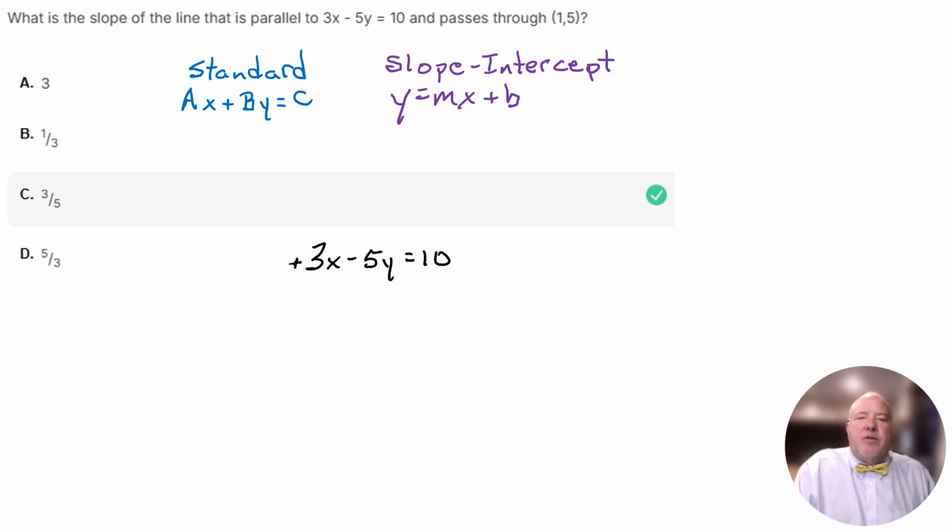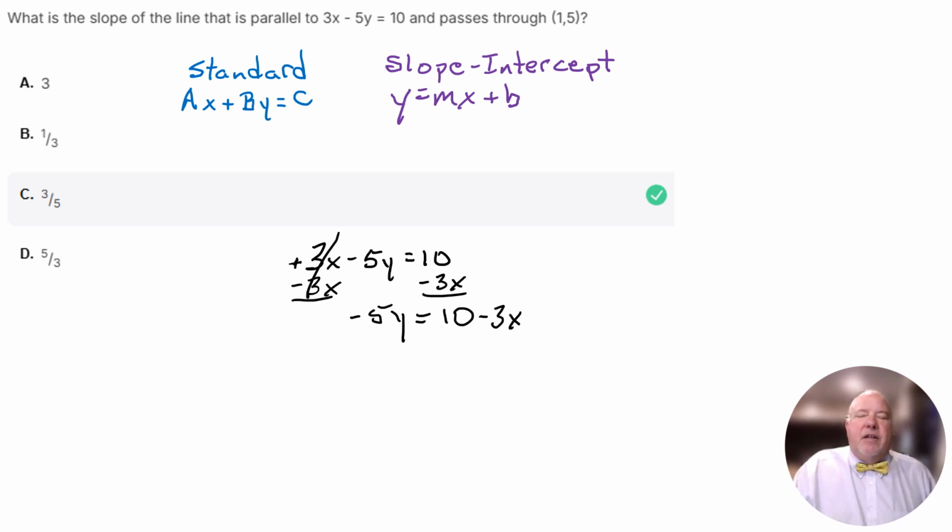So I'm going to subtract 3x from both sides to get rid of this. So minus 3x, and that goes away. And I have negative 5y equals, I can't subtract these because they're not like terms. The 10 doesn't have an x. And so this would just simply be 10 minus 3x.